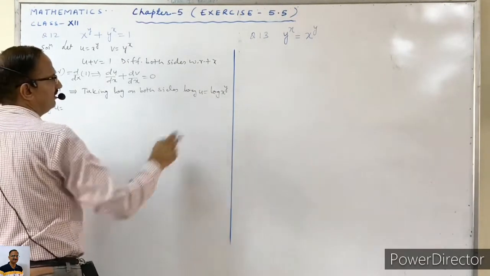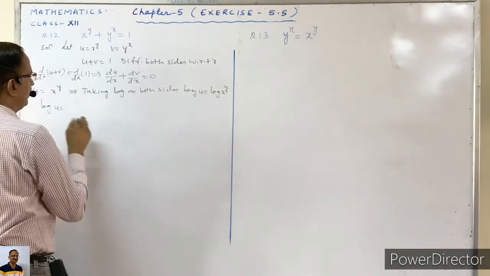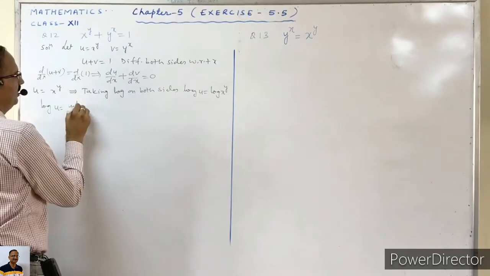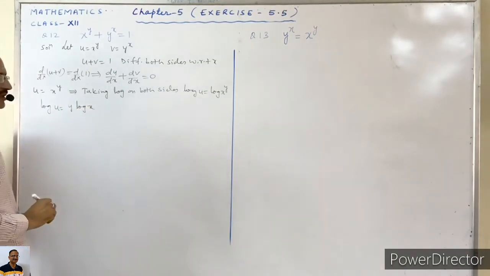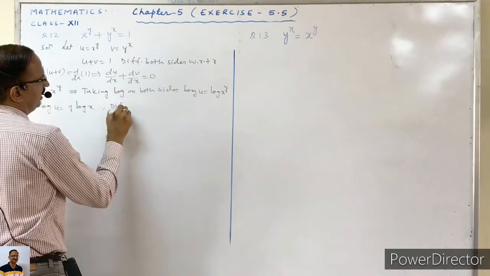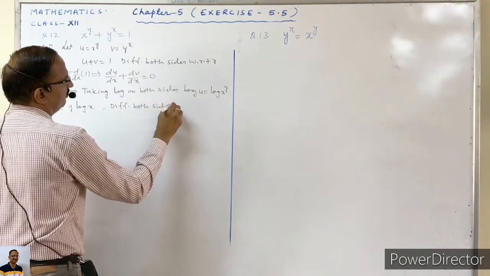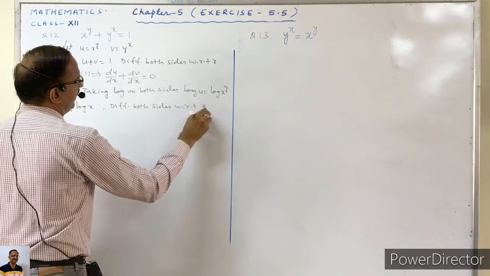On right hand side we will use the property of logarithm. So this can be written as y log x. Now we will differentiate both the sides. So differentiating both sides with respect to x.